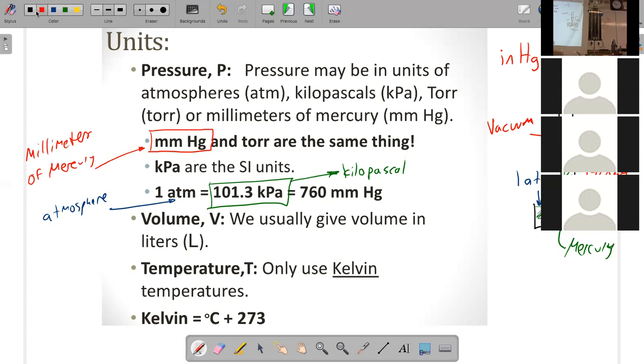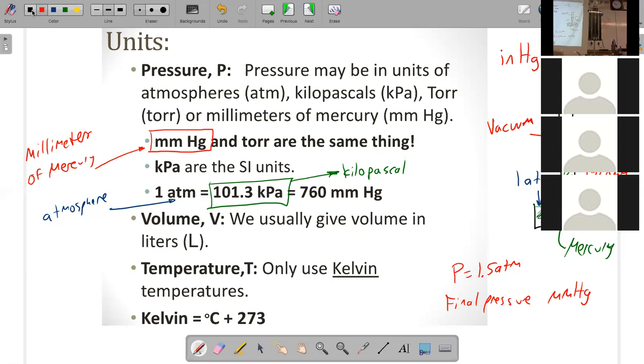For instance, if you know that some starting pressure is 1.5 atmospheres, and the goal is to figure out a final pressure in the unit millimeters of mercury, you can get your answer in atmospheres, but then you'd have to convert it from atmospheres into millimeters of mercury. So these values that are equal to each other can be used as conversion factors.